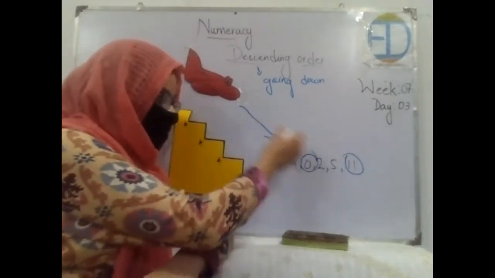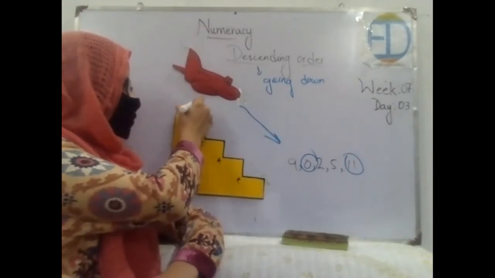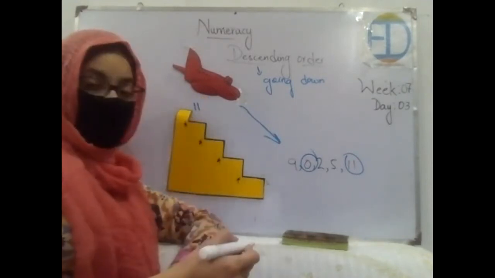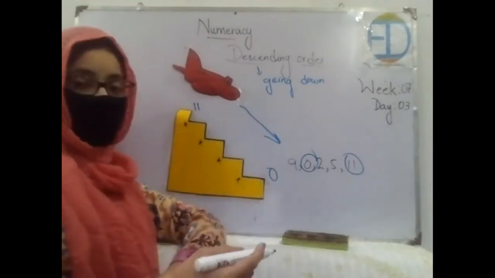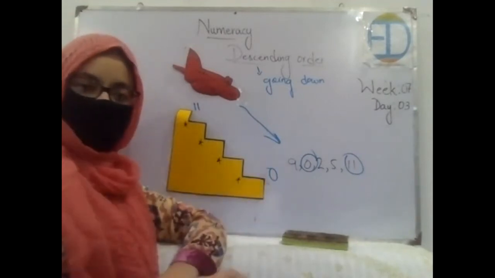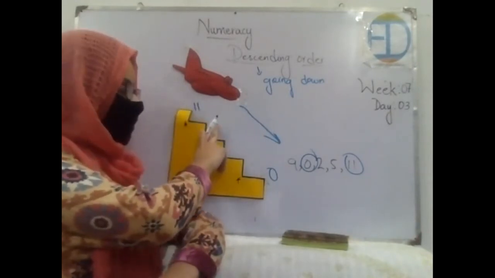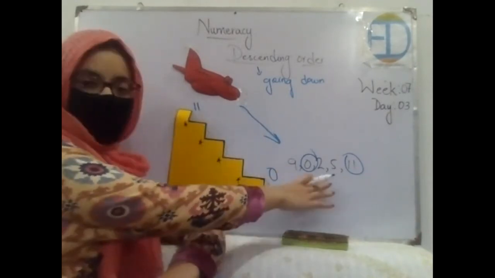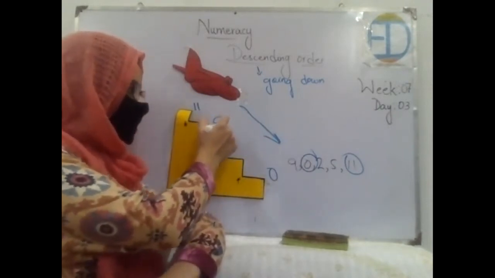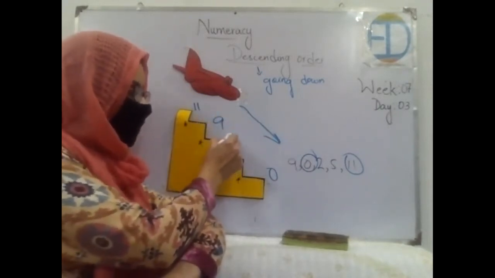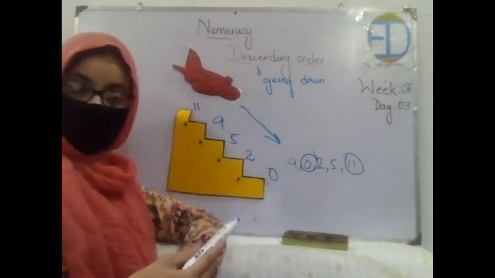Good. Now, where will I write 11? On the top. And where will I write 0? On the bottom. How many numbers are in between? 3. So what will come after 11? It's 9. Excellent. Then 5. And finally 2. Got it?